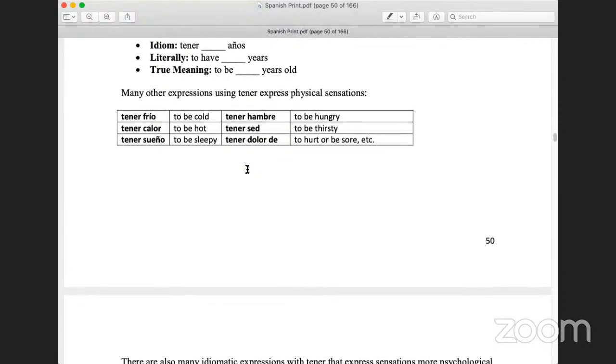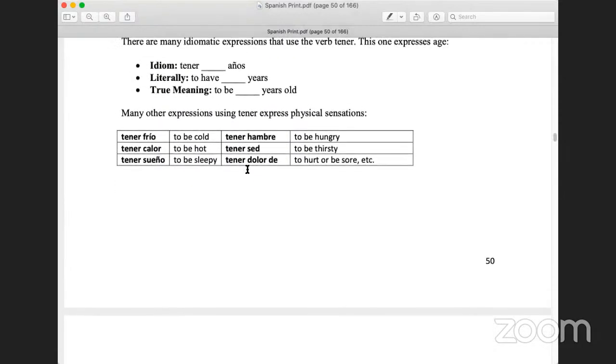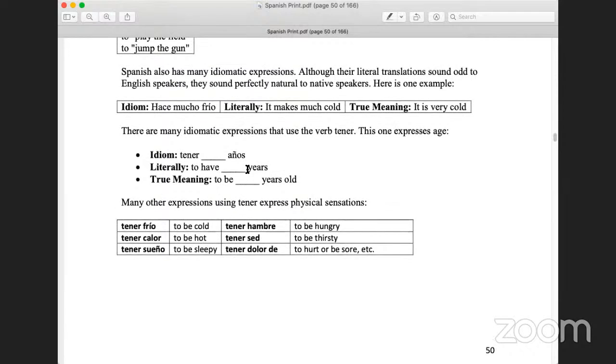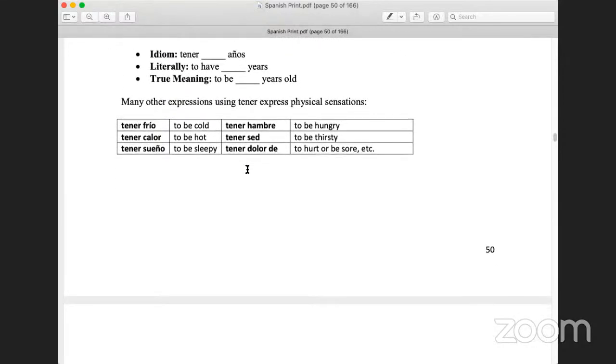This is stuff to remember. So remember, hace frío means it is cold, right? But if I say tener frío, you have to conjugate that to yourself, and you can say tengo frío, and that's I'm cold. You're saying I have cold, but it's translated as I'm cold. Tengo calor, I'm hot. Tener sueño, so you say tengo sueño, I'm sleepy.